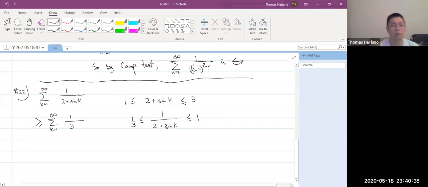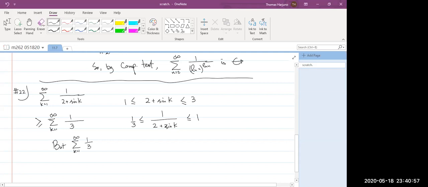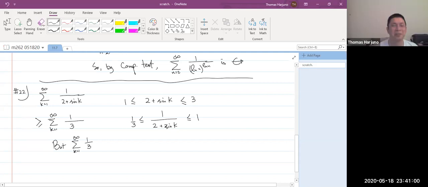Like this. But this is constant, right? This is divergent. Do you know why this is divergent? Because you're always adding 1/3, 1/3. Yeah, it is divergent because, let me just say that b_n is actually not convergent to 0, right?